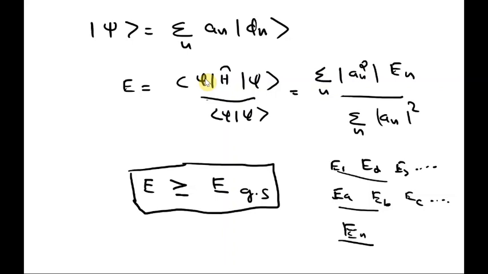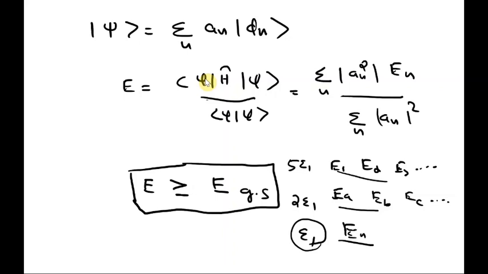Suppose I get E1 as the lowest. I can choose that lowest energy level which is possible for this particular quantity as a good approximation for my ground state, right?